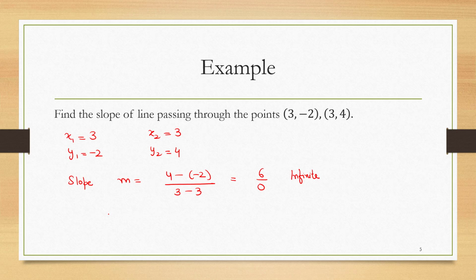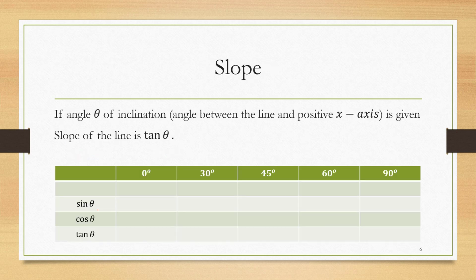So in this case we say that the slope is infinite. If x coordinates are the same, then the slope is infinite. In particular, the slope of the y-axis is infinite because all the points on the y-axis have the same x coordinate, that is 0.